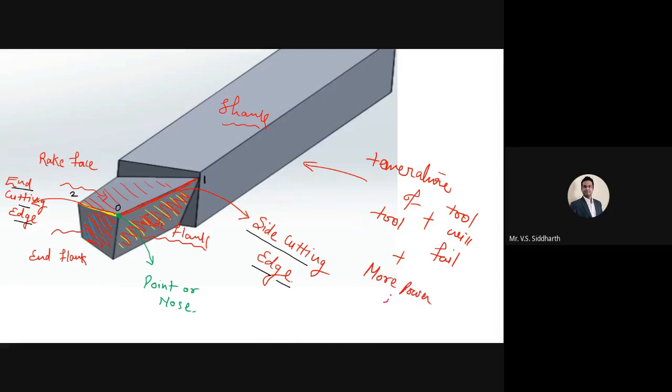Obviously, the motor has to draw more current to rotate the workpiece, because the tool is exerting an appreciable amount of friction on the workpiece. So for that reason, more power is required, right? So we have these three disadvantages if the flank makes contact with the workpiece.